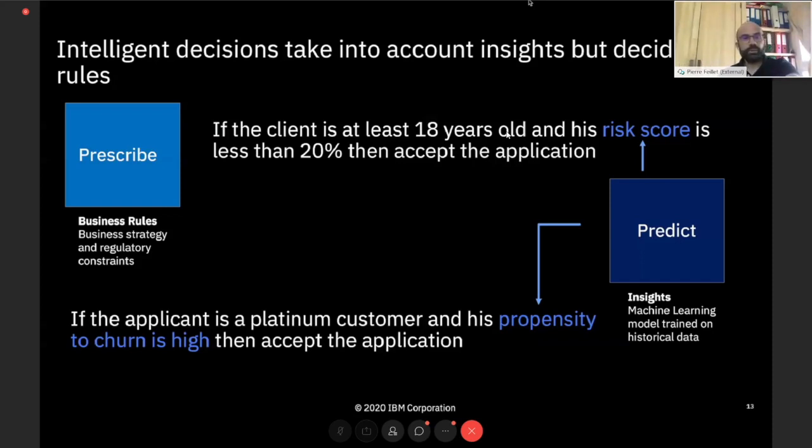In the second example, when you see propensity to churn is high, here you see two aspects to move from the ML level to the business logic level, because we have to estimate the propensity to churn. So we can go on Watson Studio or any notebook to train a model and estimate the propensity to churn for a customer depending on his features.